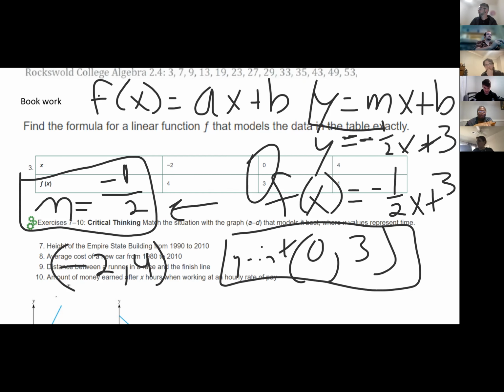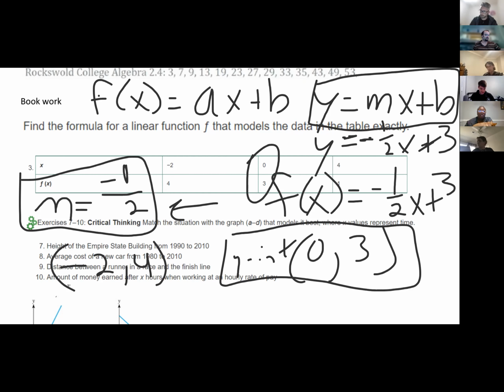So in this notation right here, the b is your y-intercept. No, no, I'm talking about on this graph. Because you have -1/2 x plus 3. But what I'm saying is, on this graph, the 0, which is this x, and the f of x is b, right? Which is the y, our y-intercept.